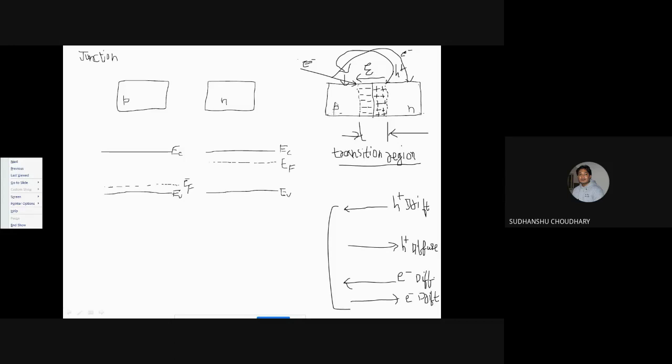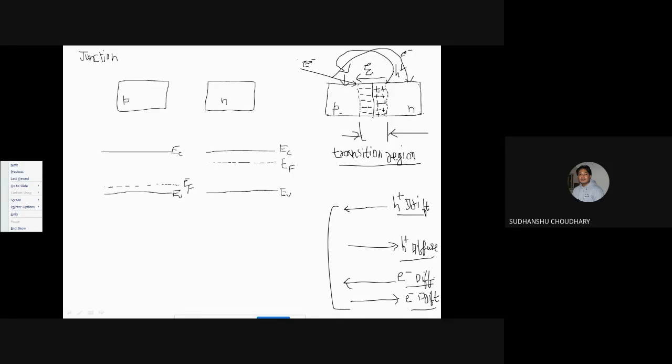Electrons were diffusing from N to P and holes were diffusing from P to N. To counterbalance this diffusion, an electric field is set up, and its job is to set up an equal and opposite drift. So my system is now in equilibrium.